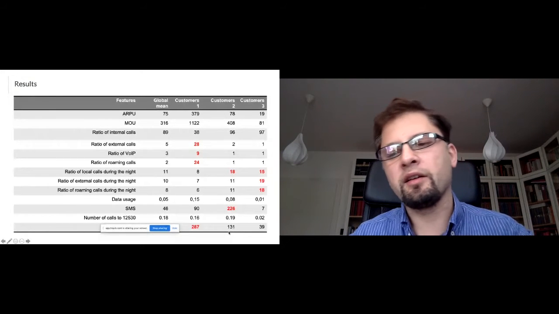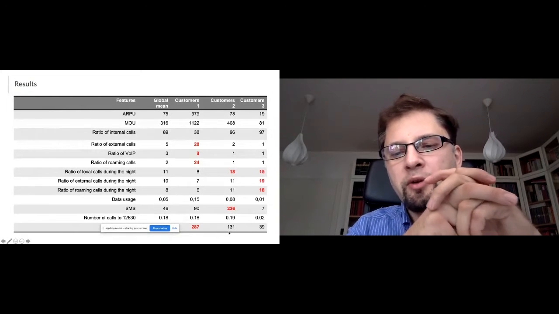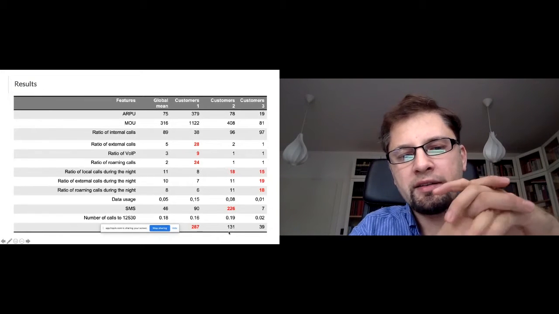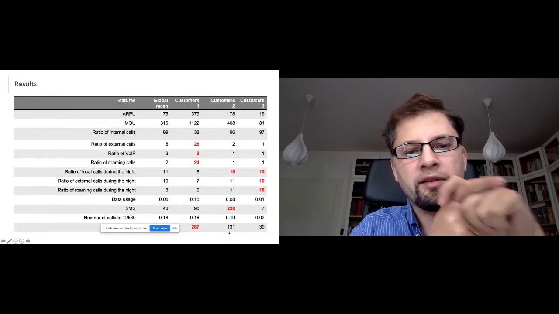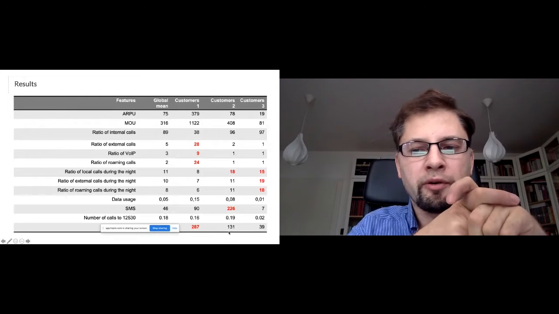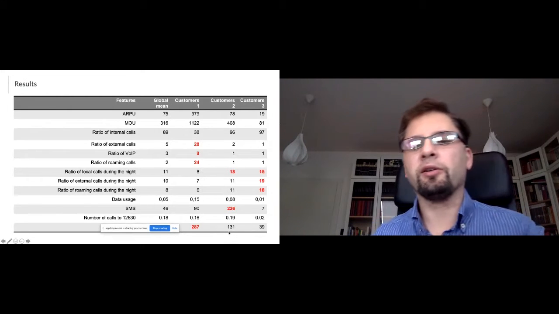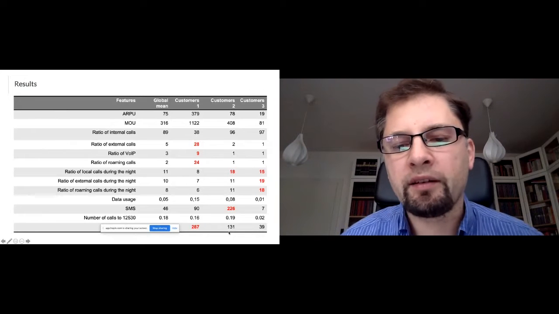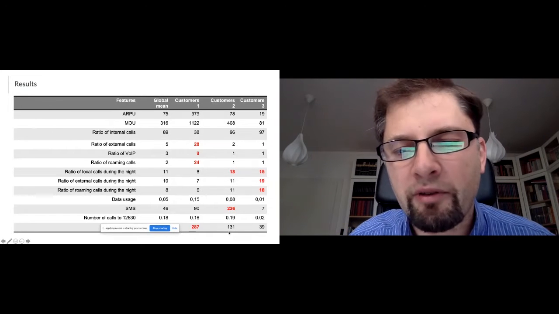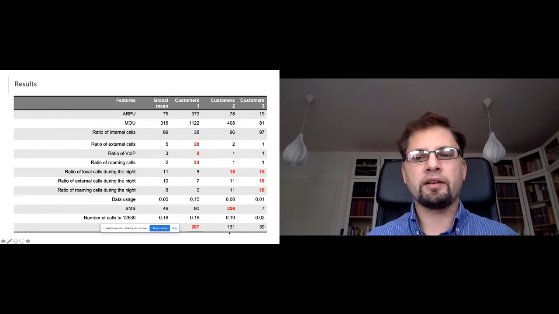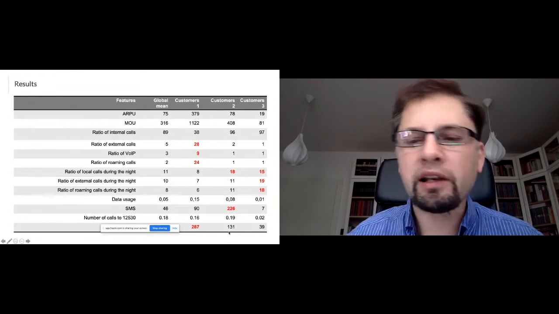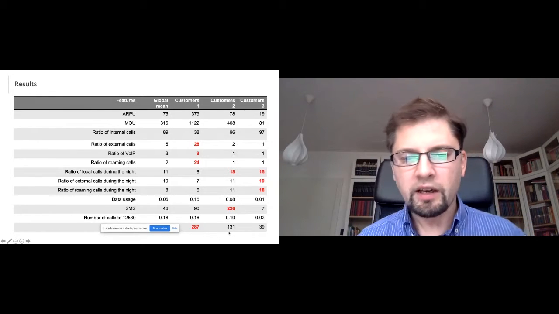And group number 3, they are really saving money because they are doing a lot of calls at night. This operator has a lower fee for calls at night. So as you can see, segmentation is a very useful tool in marketing automation, which can uncover really interesting things.